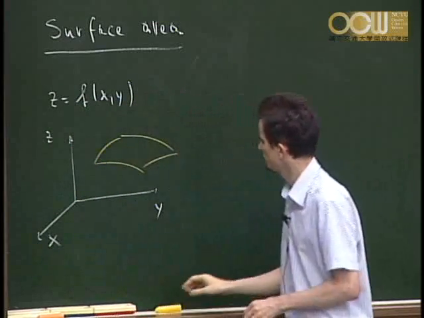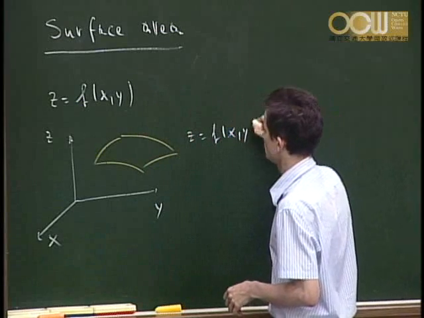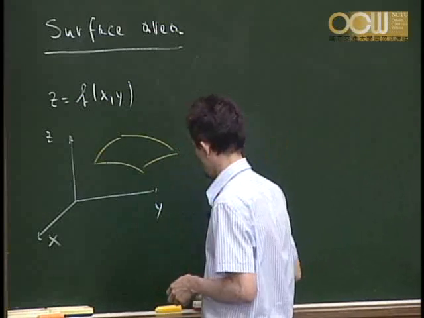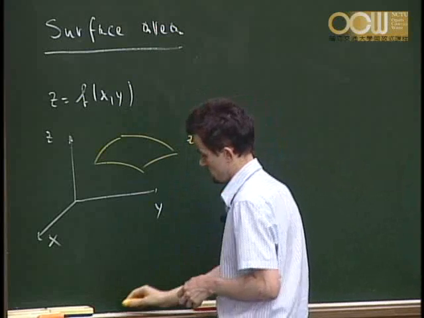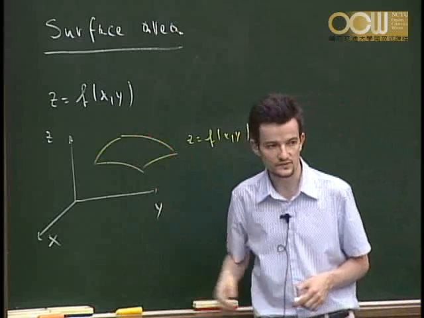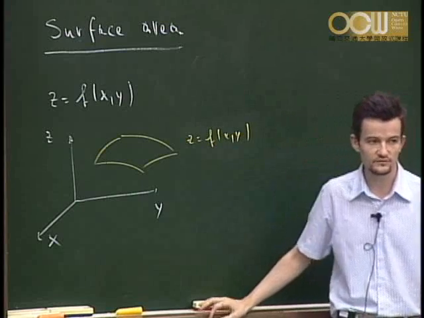Okay, so you have something like this here. Now, the problem we want to discuss is, okay, how to compute the area of the surface. I guess you remember last semester we looked at a similar problem, but for certain surfaces of revolution.